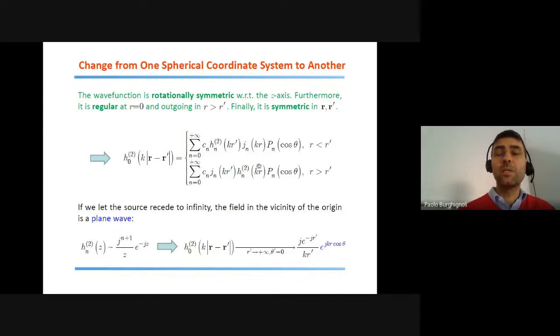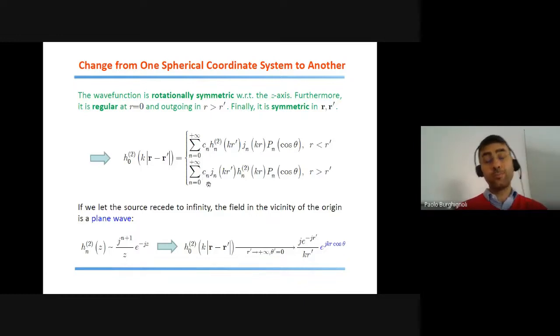By symmetry, the coefficients should be written in this way. That is, in the first case, we should introduce the Hankel function of argument k r', and in the second case, we should introduce the Bessel functions of argument k r', so that we have a single coefficient c sub n that can be used in both expressions.